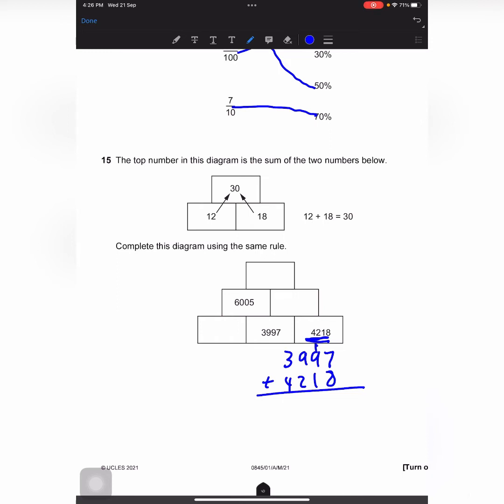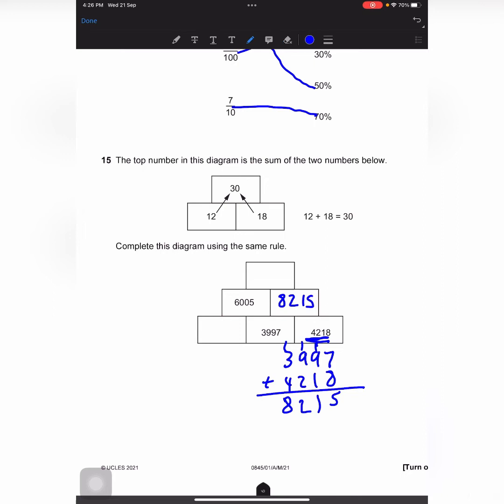So 15, one will go up there, 5 will go here. This will be a 10, this will become an 11, 1 goes up there. That's going to be a 12. Okay. And this 4 plus 4 is 8, so 8. So now, as you can see, if we add these 2 numbers, our answer will go up here. So we're going to add that. 8,215. There we go. So we got that number.